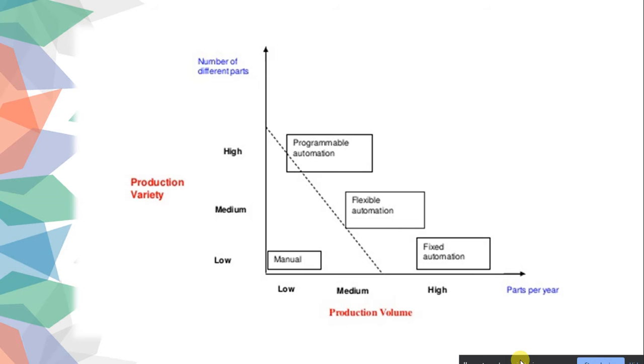You cannot sell all the machines and bring a new layout into the picture. Once the machines are installed, they are supposed to work for 10 to 15 years, based on the lifespan of that machine. So fixed automation, flexible automation or programmable automation will vary according to the market. So the market has a huge impact, right?